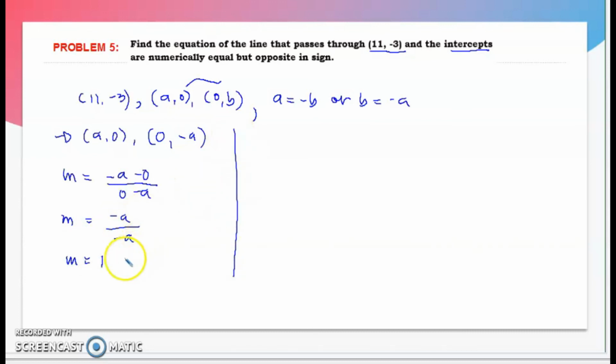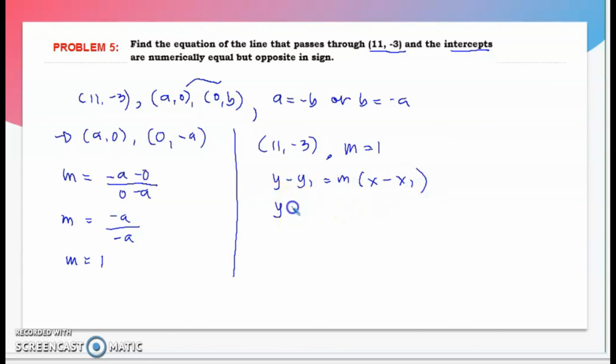Okay, now we have the slope. And we have here a point which is (11, negative 3). Now using the point (11, negative 3) and the slope which is equal to 1, we can now find the equation of the line using the point slope form. So y minus y sub 1 is equal to m times x minus x sub 1.